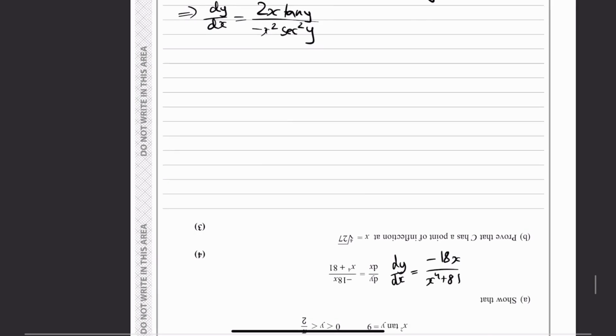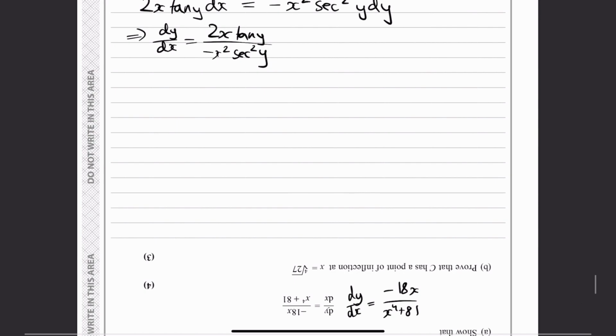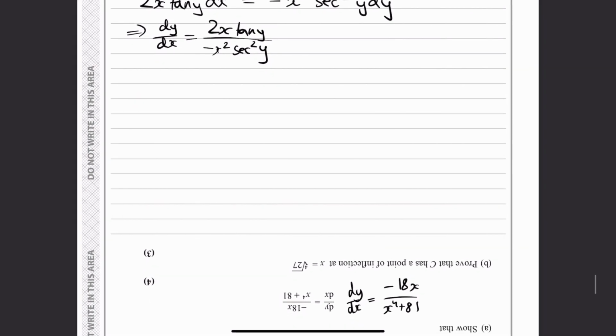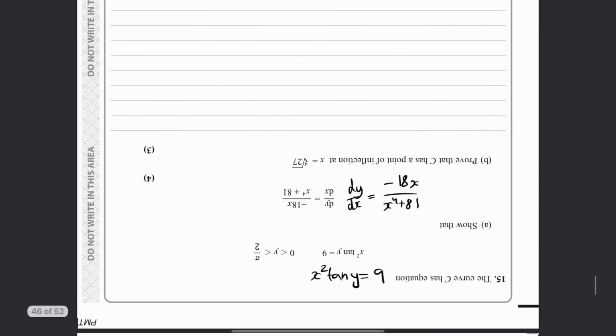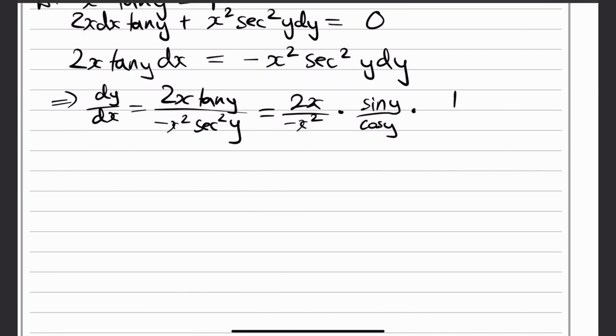So how am I going to prove that? That's a bit weird. Why has it lost all its trigonometric functions? Let's see if there's some cancelling. The tan y, we're going to write as sine y over cos y, and over secant squared, that's going to be over 1 over cos squared, so that's cos squared over 1.